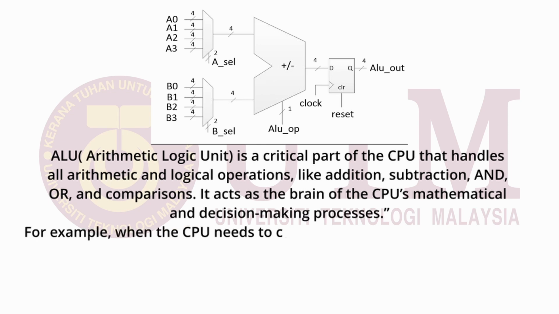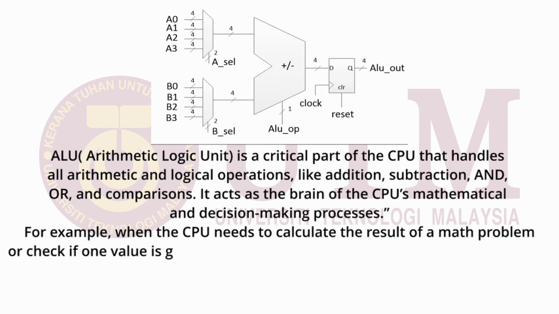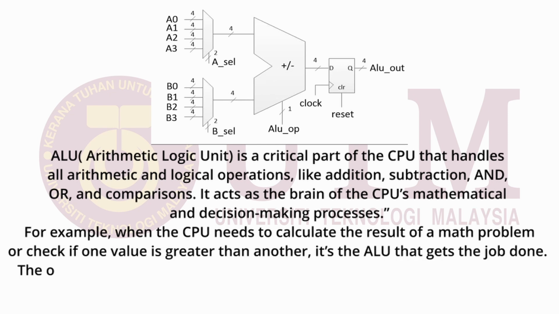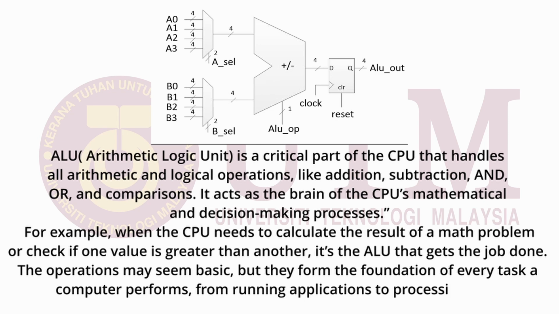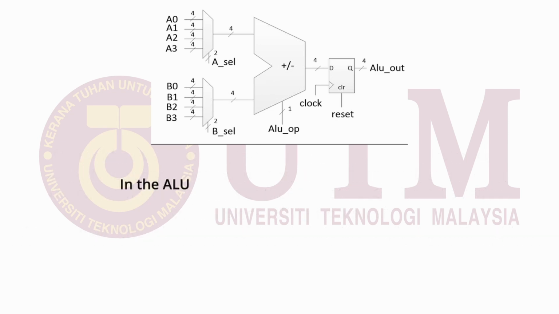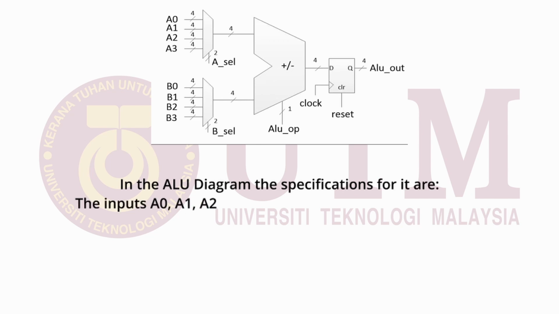For example, when the CPU needs to calculate the result of a math problem or check if one value is greater than another, it's the ALU that gets the job done. The operations may seem basic, but they form the foundation of every task a computer performs, from running applications to processing data.